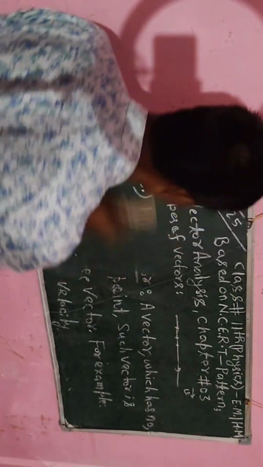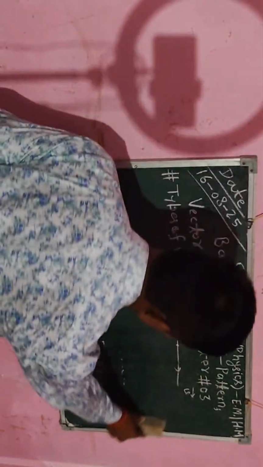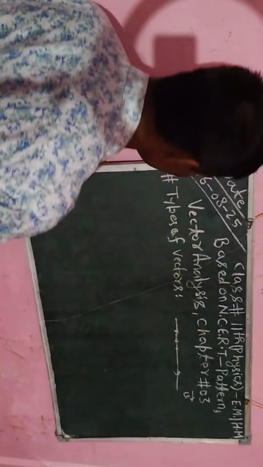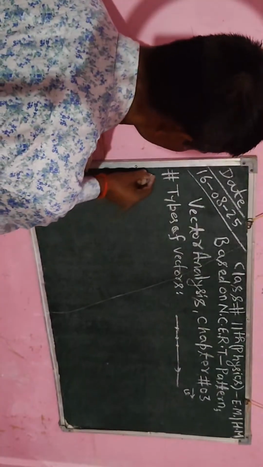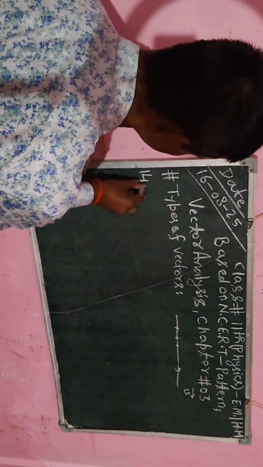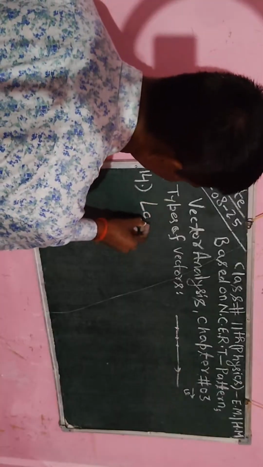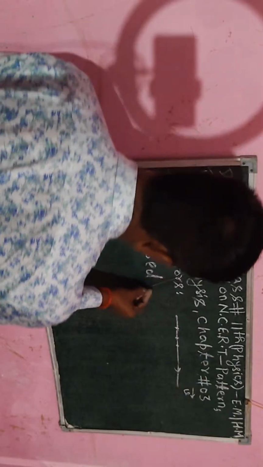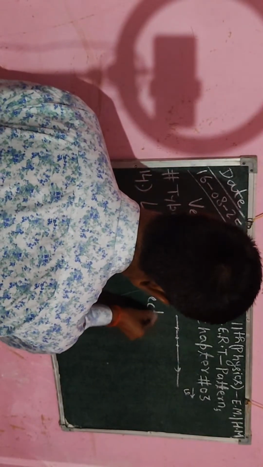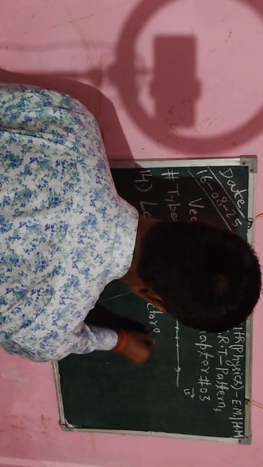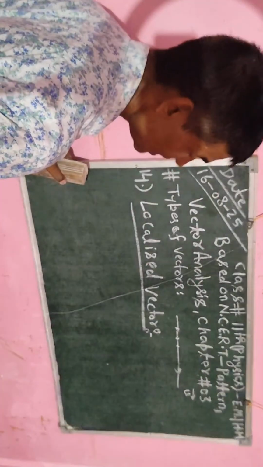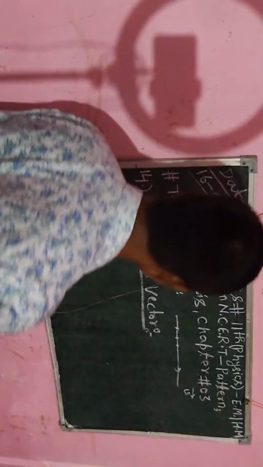Now I am going to explain this concept first. The next type of vector, point number 14, is the localized vector. In this case, I will define a vector which has only a starting point and there is no end point. That vector is called a localized vector.